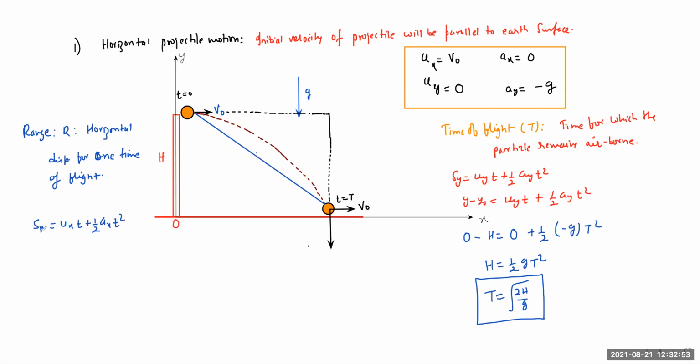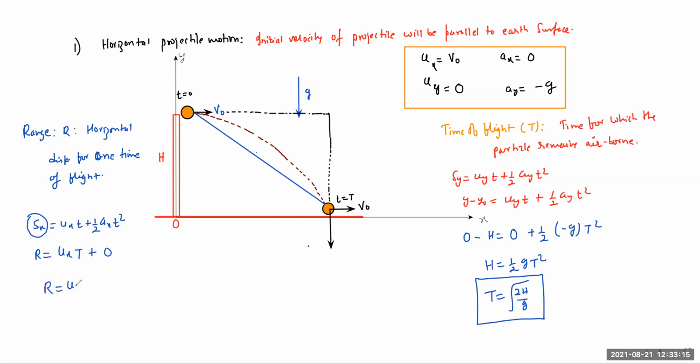So without thinking much, you can just use the formula S equals to ut plus half a t square, and instead of y, we write x. We are looking for this answer. Because ax is 0, everything else will be 0.